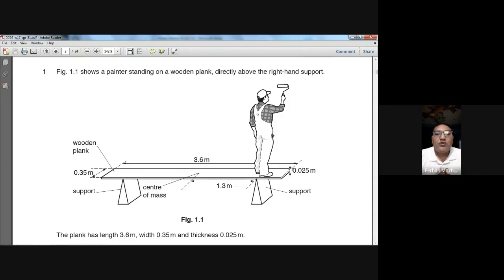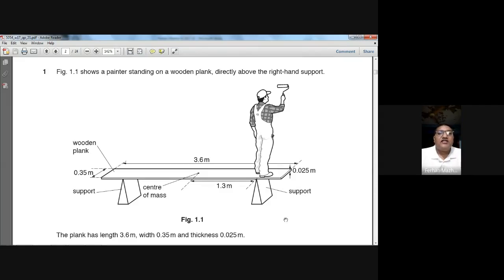Now his weight will produce a moment. About the right hand support it now has a moment arm, and due to that moment arm, the weight of the painter will produce a turning effect in the clockwise direction.